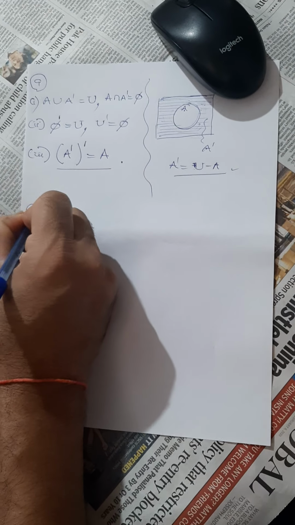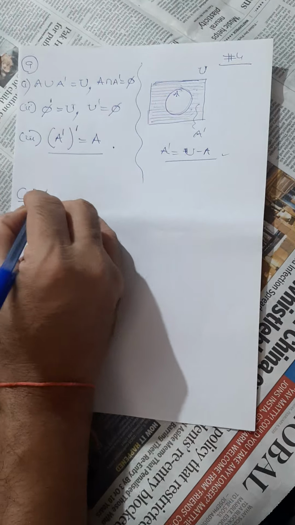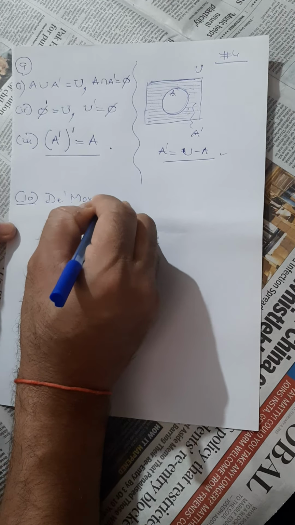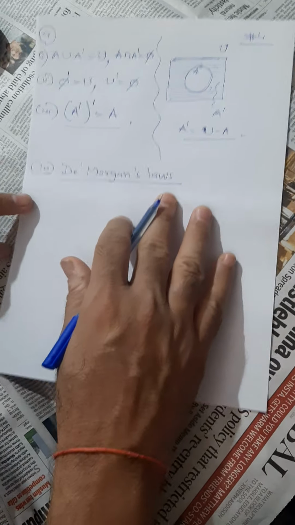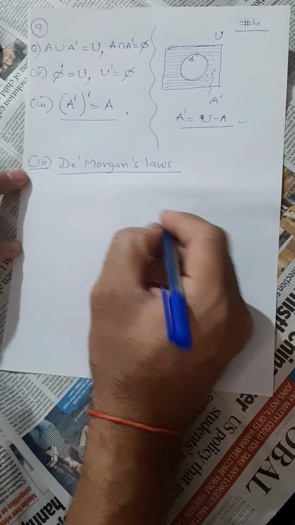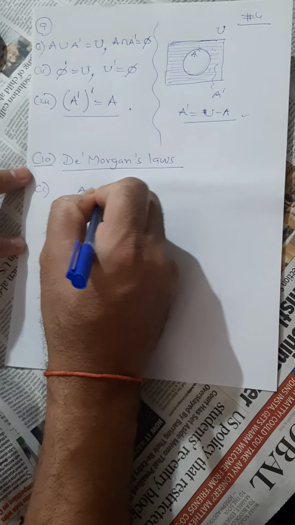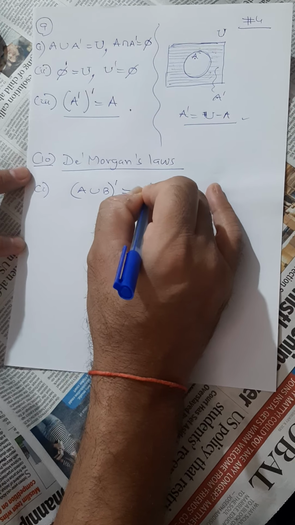Now the next property, that is about complement again, which is called De Morgan's laws or properties. Now what it says, the first property says that you find A union B and then the whole complement, that is always equal to A dash intersection B dash.